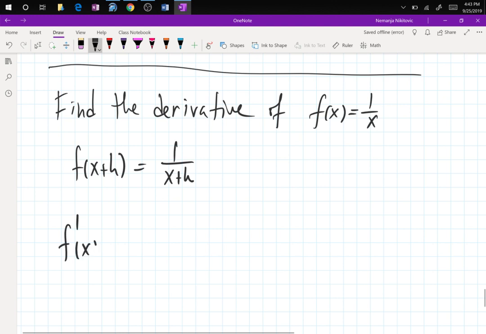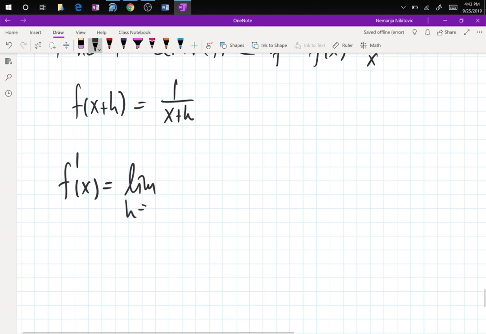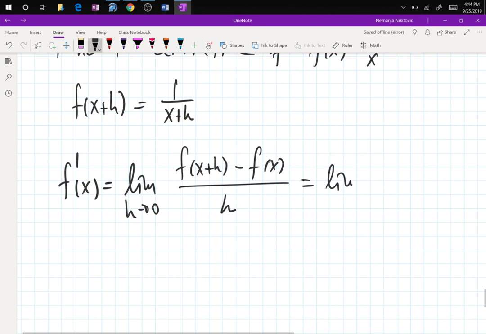So f prime of x, that's the notation for the derivative, is going to be the limit as h goes to 0 of f of x plus h minus f of x over h. So that's what we have. And now we plug everything in. So limit as h goes to 0, f of x plus h is 1 over x plus h, minus f of x, which is 1 over x, everything divided by h.